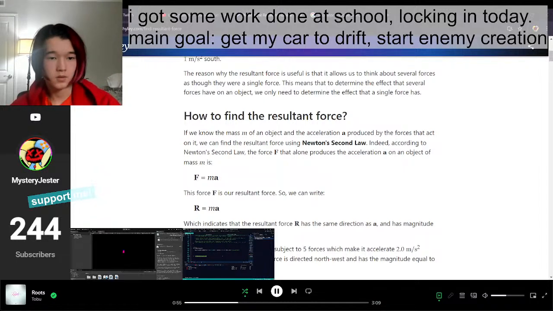Well, calculate resultant force and set. And it's set final.